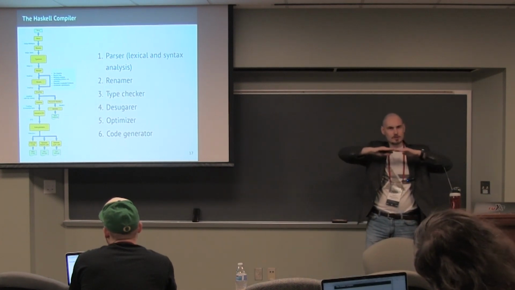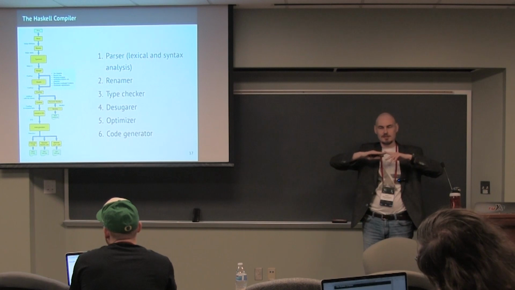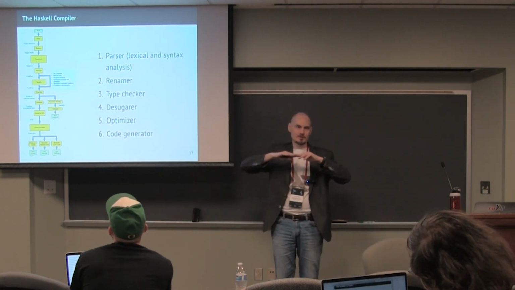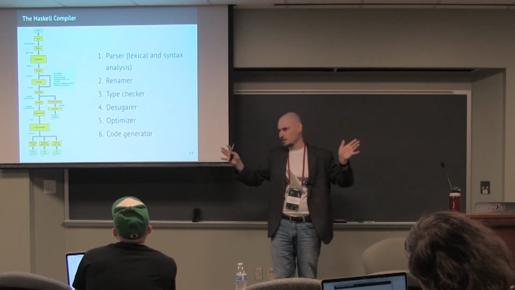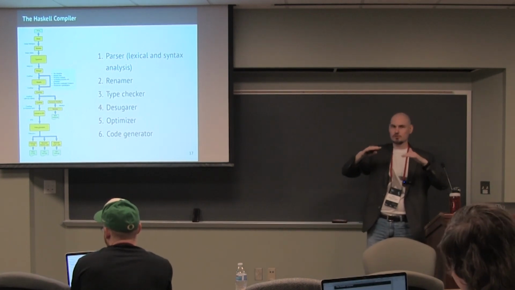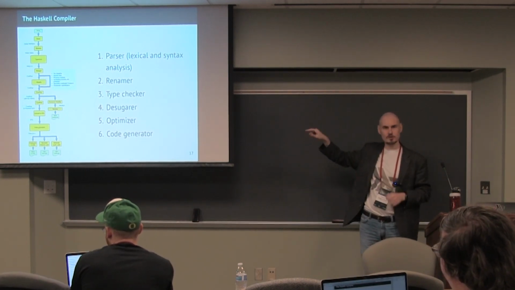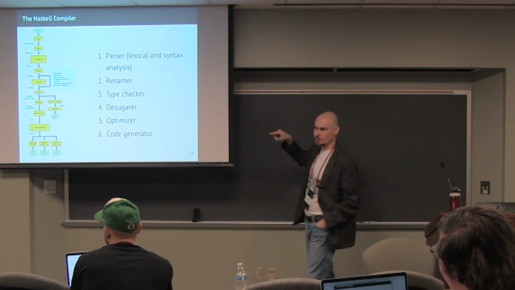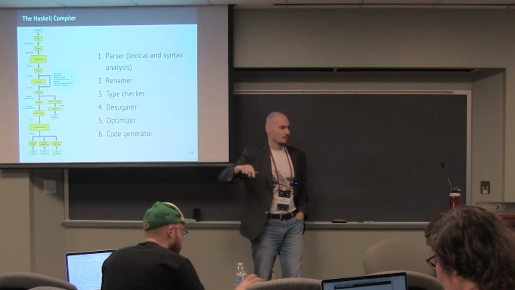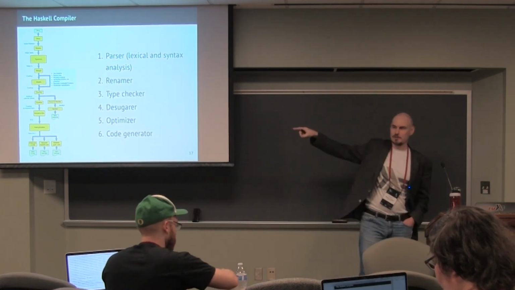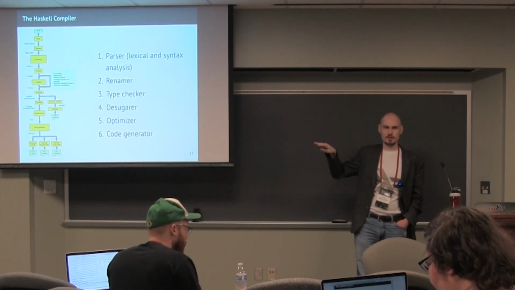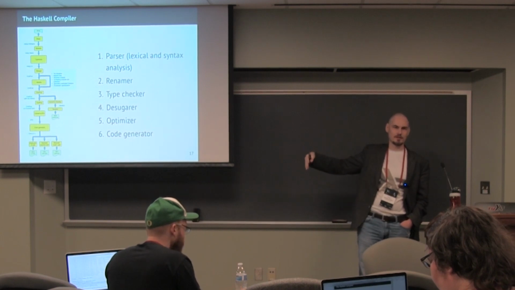For us, the type checker is the second most important thing in this compiler. It tries to type check everything in your code. Then the compiler runs desugaring, and this is the most important section of this compilation for this workshop. So we will talk about desugaring most of the time. Then there is the optimizer with this desugared code, and then there is a code generator to get something that can be actually run on your system.